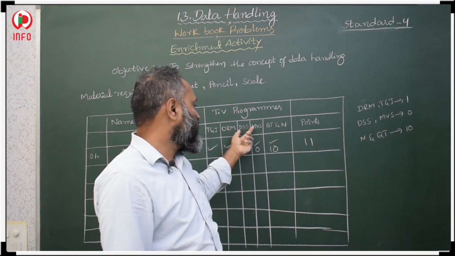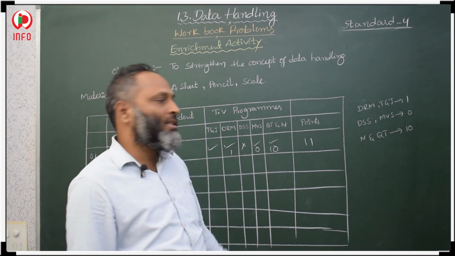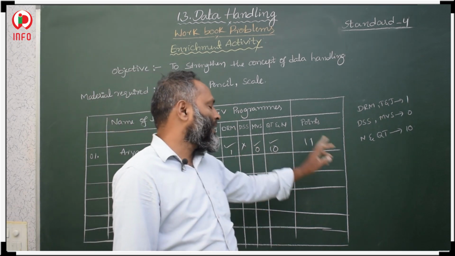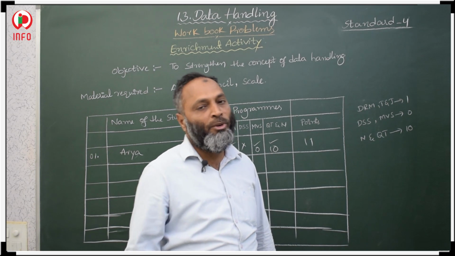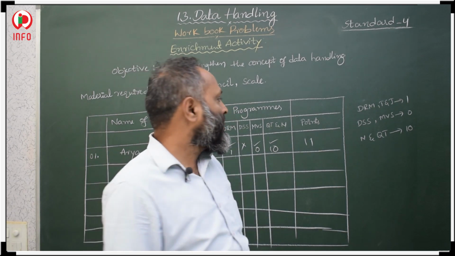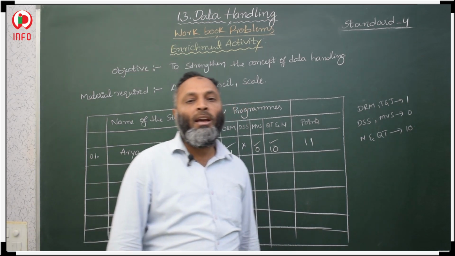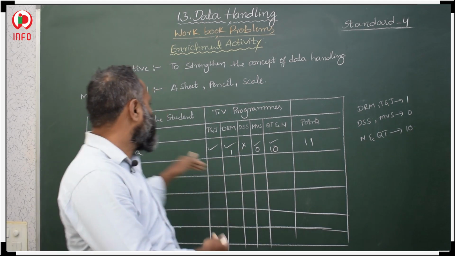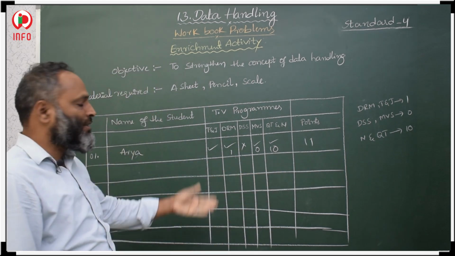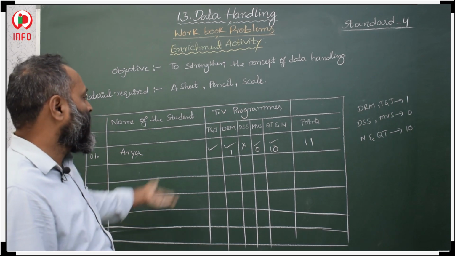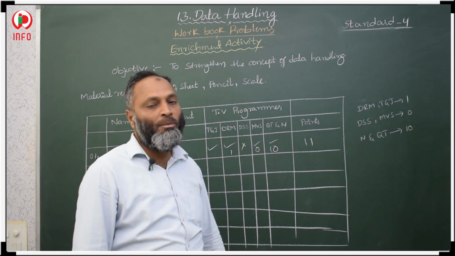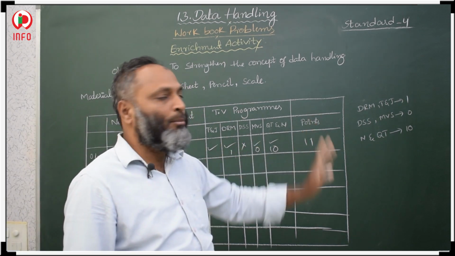For daily soap serials and movies, he will get 0 marks. After that calculate the number of points. Whoever scores the maximum points will win the game. Okay. So according to that, you should write 5 friends, or 6 friends, or 10 friends' names, and ask them which TV programs they are watching and calculate the points.